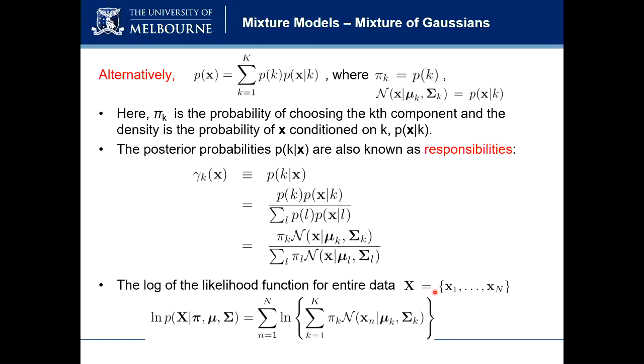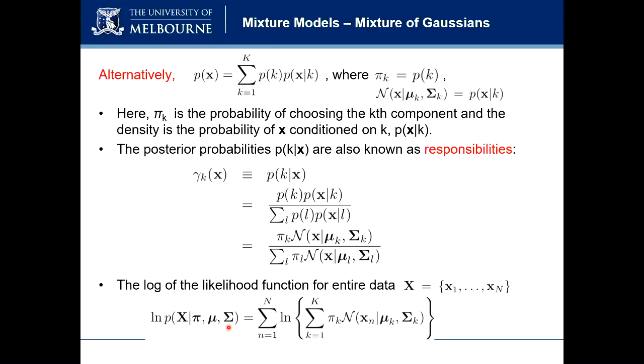Now actually I'm making an IID assumption here, because if I write the log of the likelihood function for the entire data, ln of P(x given all this stuff), right? So now my theta, remember this is the log maximum likelihood we have been doing, it's the same story. So in this case the theta is these three sets: the multiple mean vectors, the multiple covariance matrices, and the pi vector.